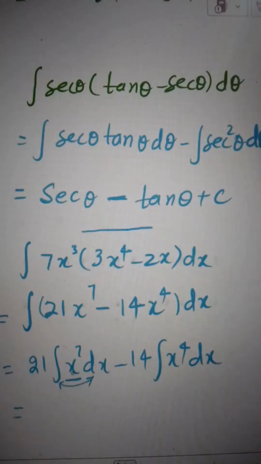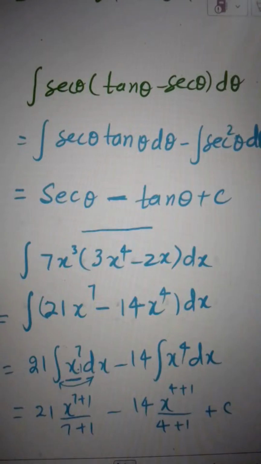So it is a simple problem which we have handled already before also. So x power 7 plus 1 divided by 7 plus 1, minus 14 times x power 4 plus 1 by 4 plus 1, plus c. Then we can just simplify it.